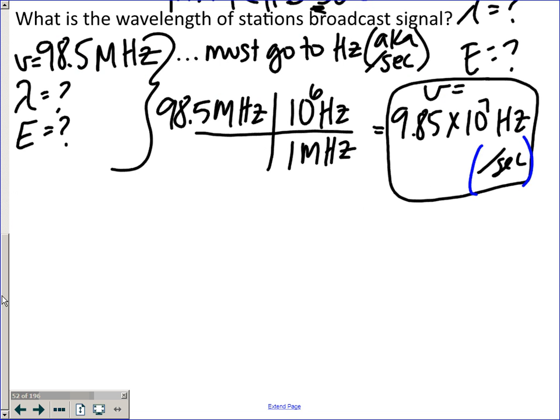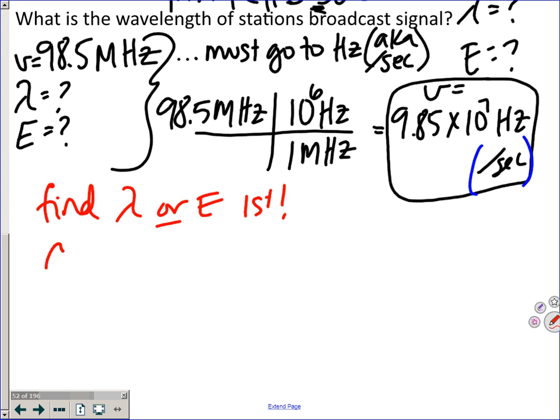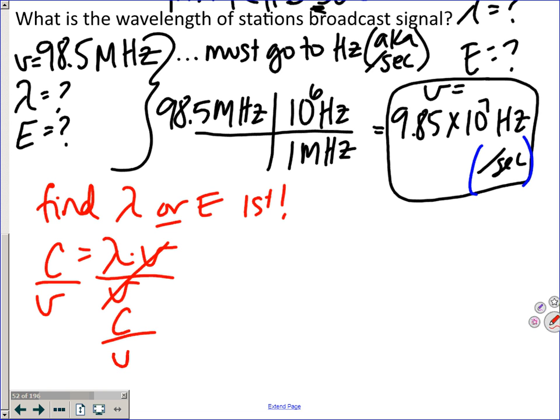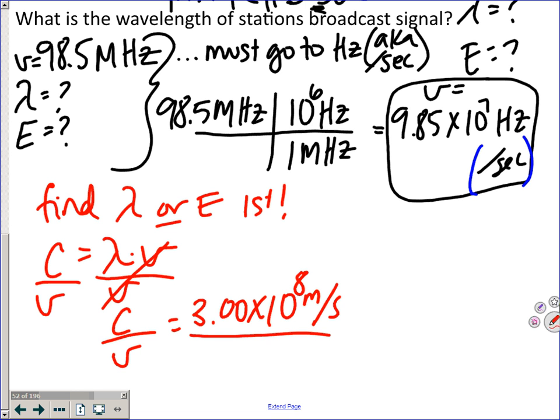And that will give you the wavelength. You have to put it in parentheses or something. Meters per second.